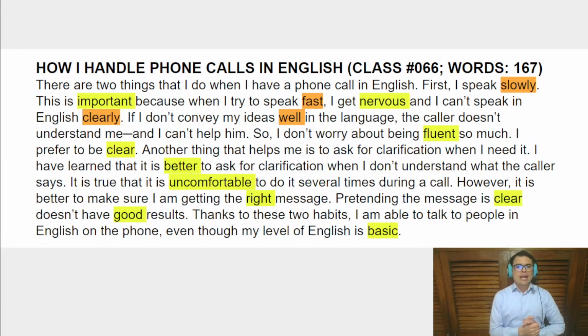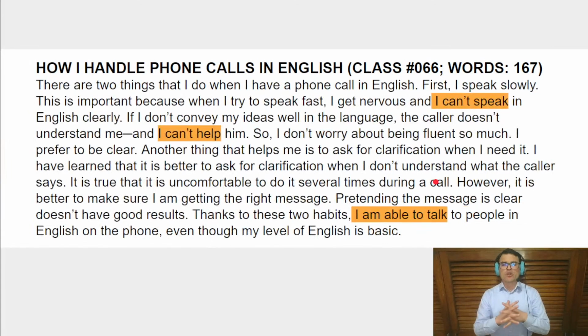So, slowly, fast, clearly, and well. All of those are about actions. Important, nervous, fluent, clear, better, uncomfortable, right, clear, good, basic. All of those are adjectives, and adjectives are modifying nouns, people or things, right?